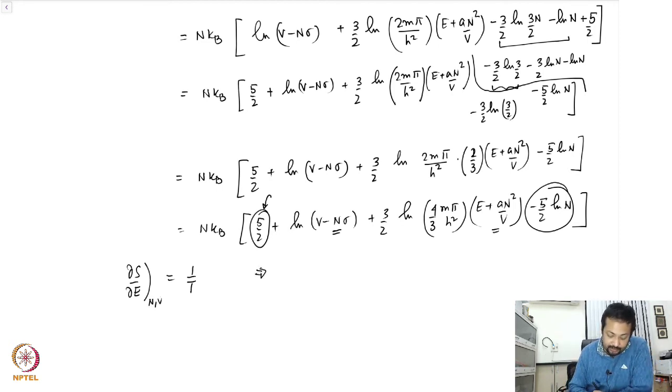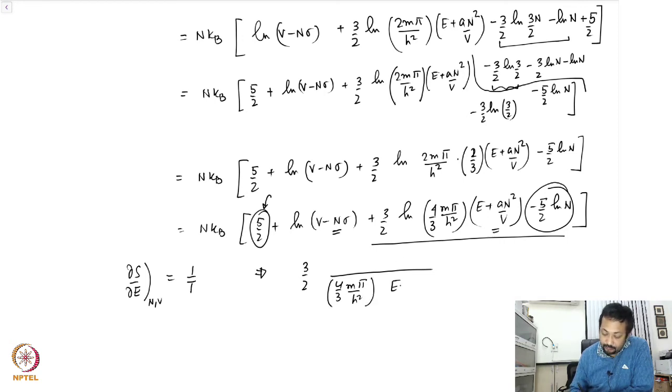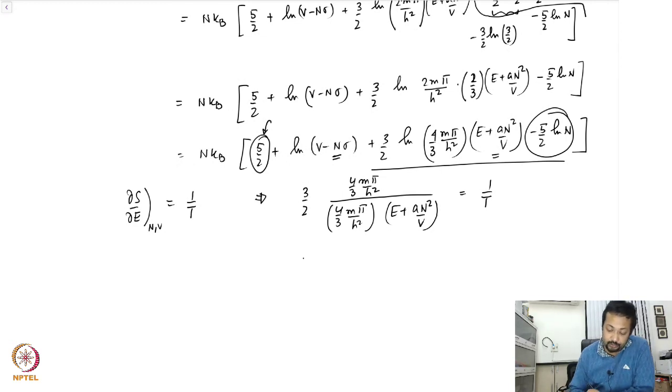So that means if I take a derivative with respect to E, I have 3 by 2, 4 by 3 m pi over h square, E plus a n square over V, times 4 by 3 m pi over h square is going to be 1 by T. I missed out the n kB which is sitting outside, so I am going to have an n kB.